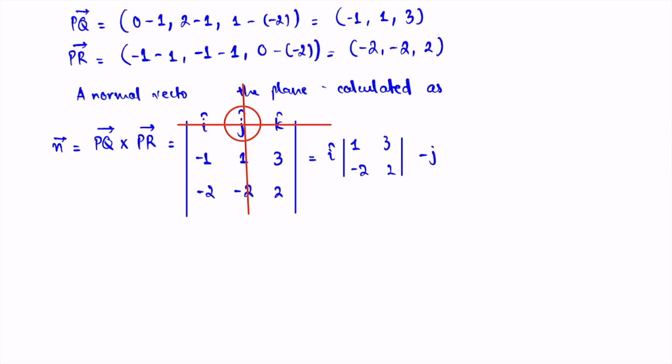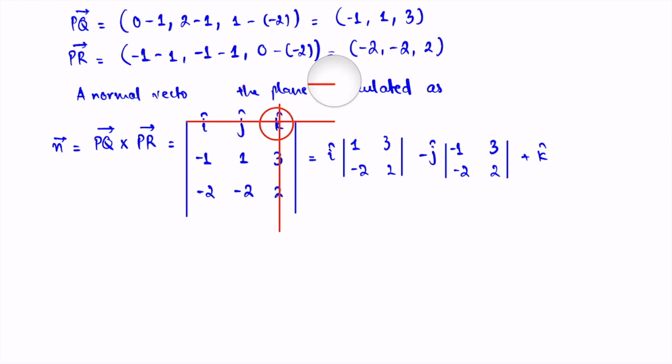And you get negative j hat times the 2 by 2 determinant of the form negative 1, 3, negative 2, 2. And for the last term, you choose k. And when you change the column, you change the sign as well. So from negative j hat, you turn it to positive k hat. Remove the corresponding column and row of k, and you're left with the 2 by 2 determinant of the form negative 1, 1, negative 2, negative 2.